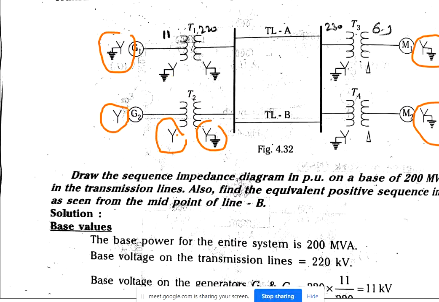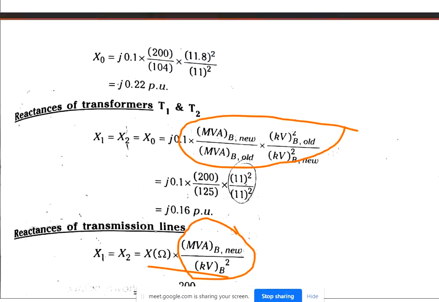Here the secondary side series switch should be closed, and the primary side, even though it is star connected, since it is ungrounded, my series switch should be open, and the shunt switch should also be open. Here the series switch should be closed and the shunt switch should be open. Here also the same thing.